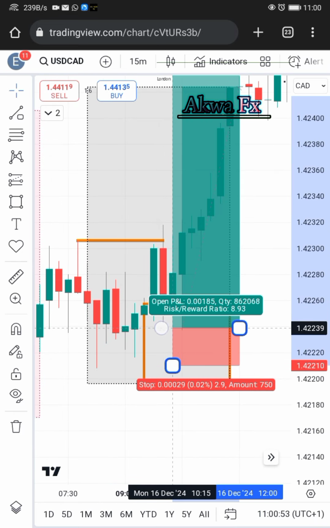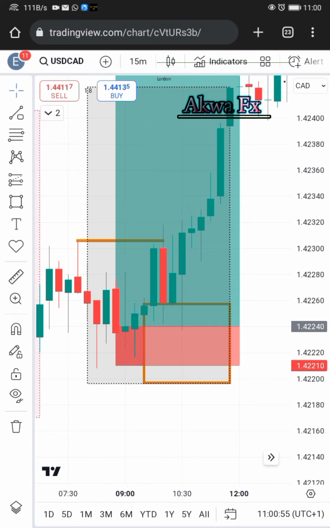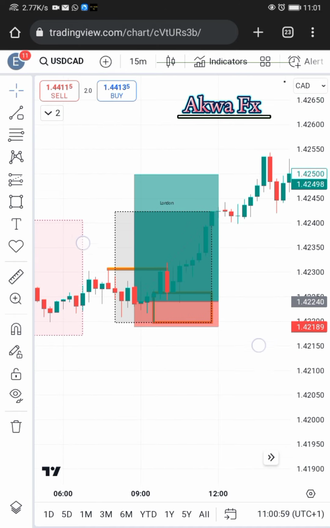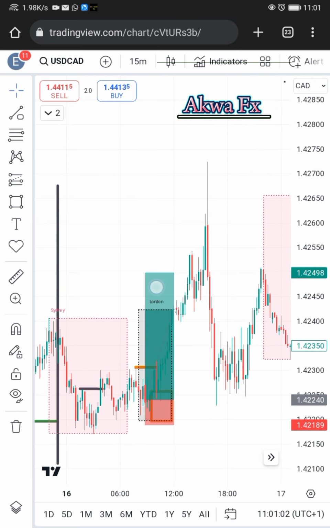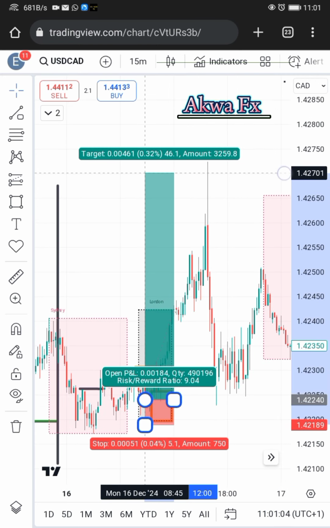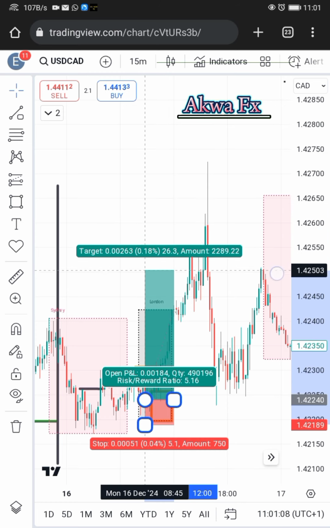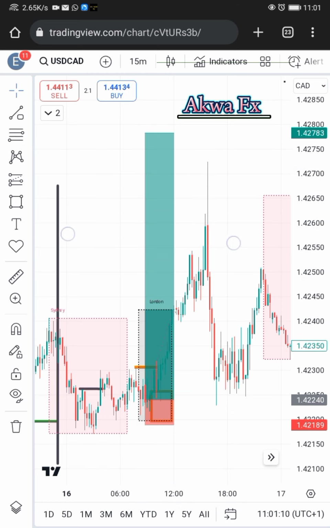So you can take your trade like that, your stop loss comes beneath that candle, and you go for your 1 to 5 or your 1 to 10. So 1 to 5 is right there, and your 1 to 10 is above.